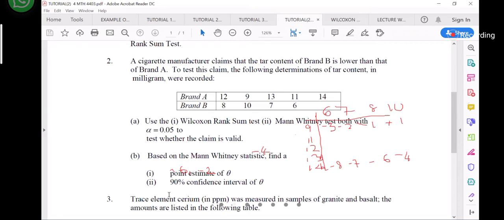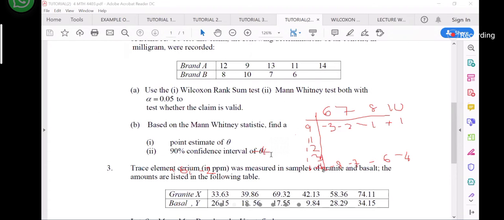But if I specifically mention the confidence interval of the difference between B minus A, you should write B minus A. Does that answer your question? Yes. Okay, thank you. All right, now move on to the next one.